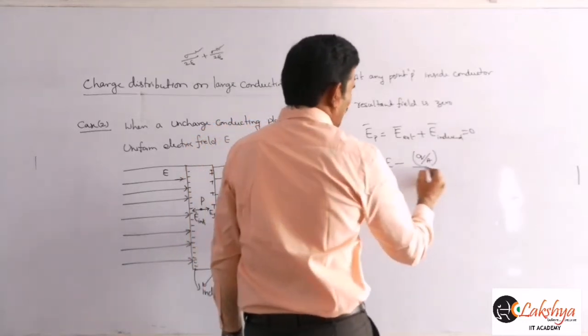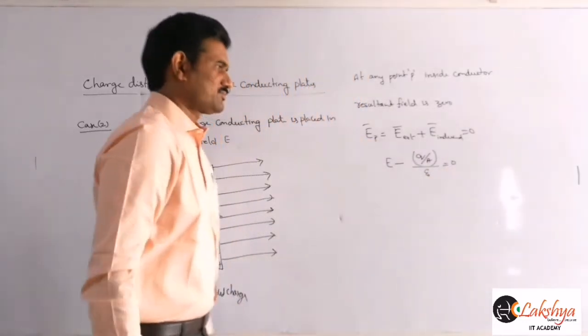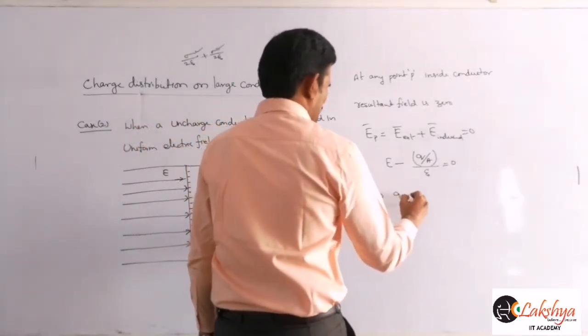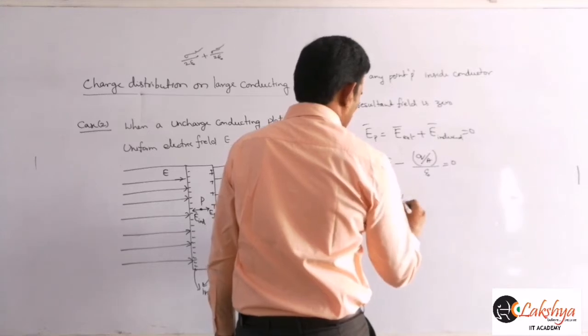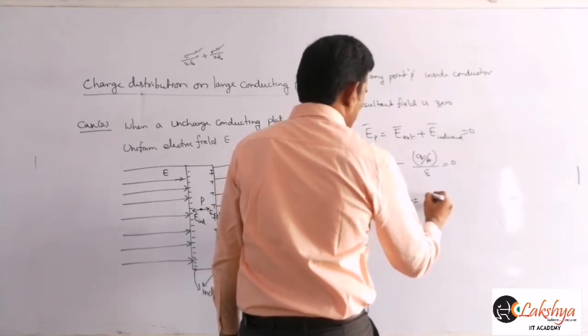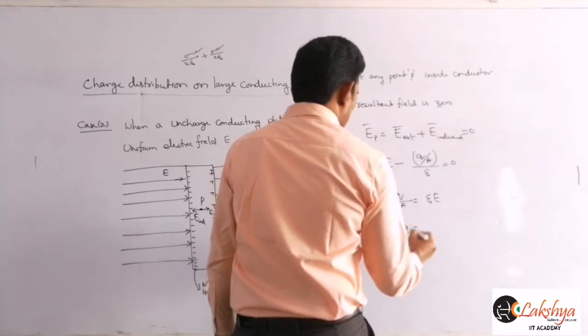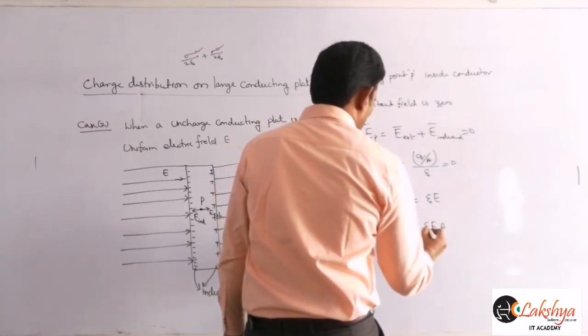So Q by A by epsilon naught is equal to 0, right? And therefore I can write this as Q by A, sigma, is equal to epsilon naught into E. And if you want to particularly write this charge, then epsilon naught E into A we need to write here.